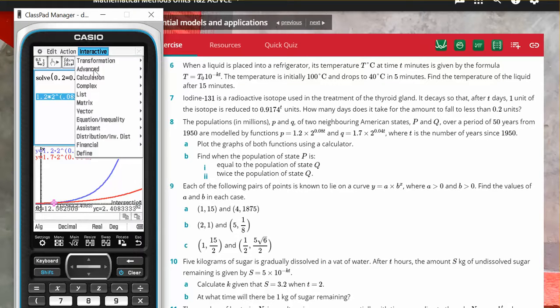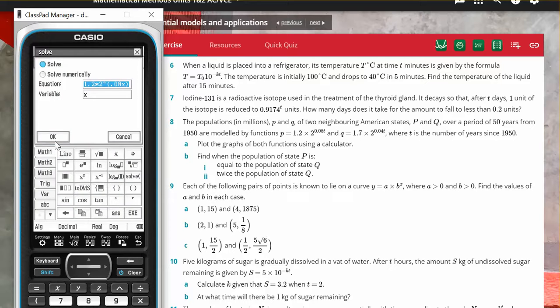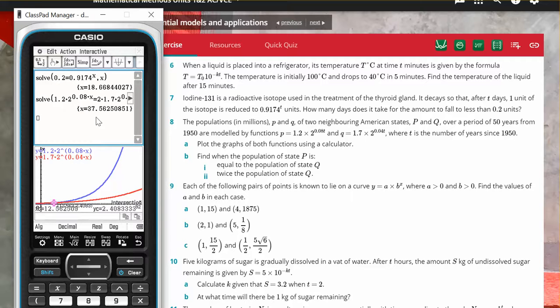So go Interactive, Advanced, Solve for x. So 37 years. I'll round up to 38 years. So it will happen in the year 1988. Okay, 1988. That's when the population of P will be twice that of the population of Q.